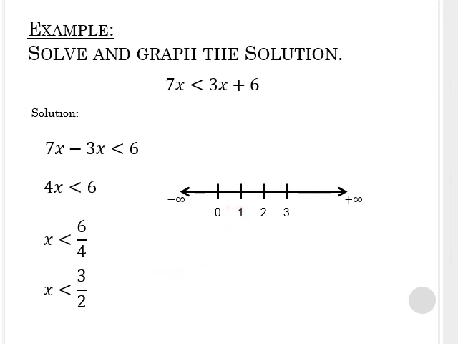We draw a circle above 1.5. We keep it empty because there is no equal sign here. Less means left. So this is the graph of the inequality. These are the solutions. This is the graphical solution and this is in inequality form.